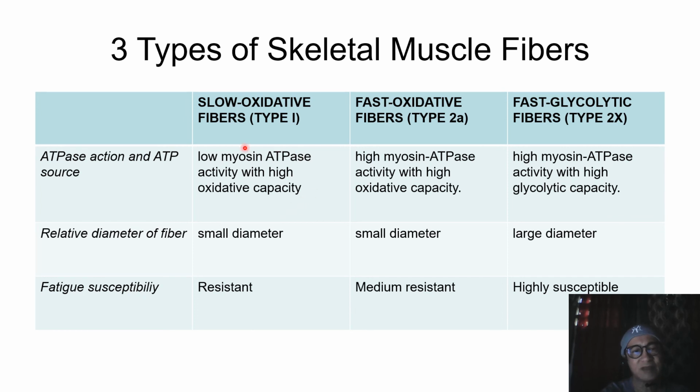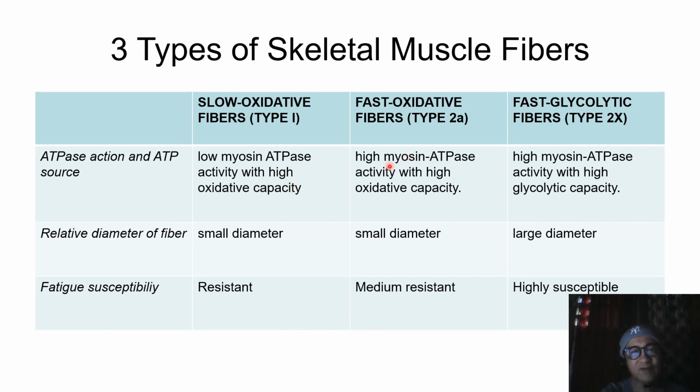Now, the slow oxidative fibers, or type 1, have low myosin ATPase activity with high oxidative capacity. They have small diameters and therefore are thin muscle fibers, and they are highly resistant to fatigue because of their high oxidative capacity. They have lots of ATP.